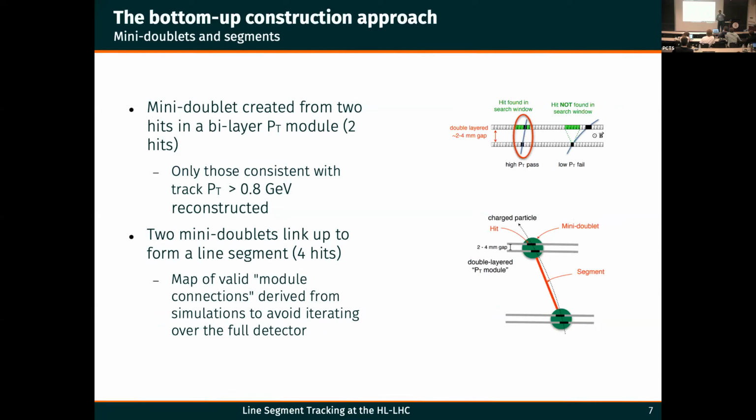To jump from one layer to another, instead of iterating through all modules from one layer to another, we derived a map of valid module connections, a bunch of lookup tables that tell you from this particular module, only these many modules are valid. This was derived from simulations and from first principles: a helix of pT 0.8 GeV can only go to these many places from a given starting point.